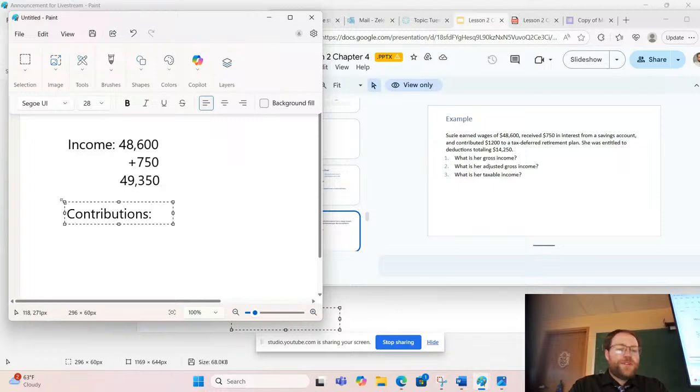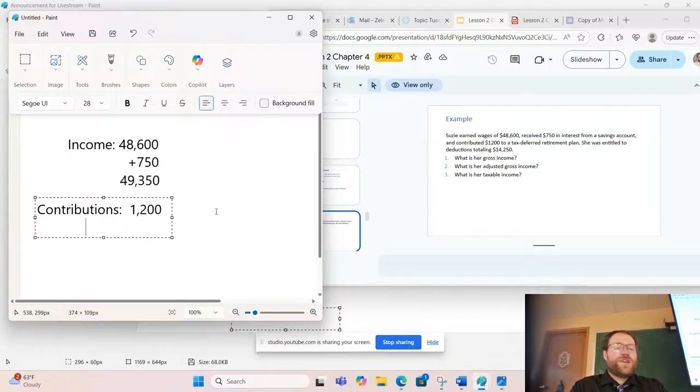She contributed $1,200 to a tax-deferred retirement plan. And we can do what with contributions? Subtract them in addition to any other deductions.